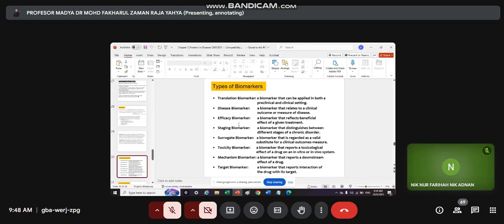Other type of biomarkers include efficacy biomarker, mechanism biomarker, and target biomarker, and others. So you can read on your own. So basically, they share the same characteristics. They must specifically represent the certain stage of disease or mechanisms.